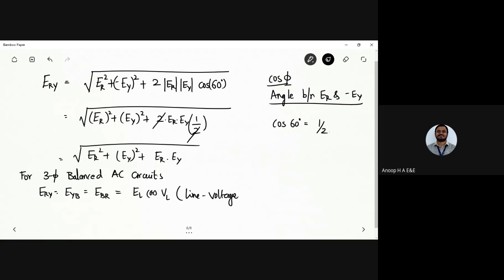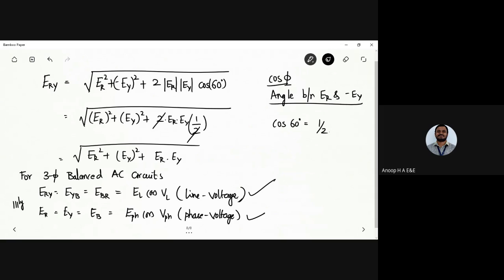Similarly, ERN equals EYN equals EBN, which is equal to EPH or VPH, or VP if you want to write it. That is the phase voltage. So you have line voltage and phase voltage here.